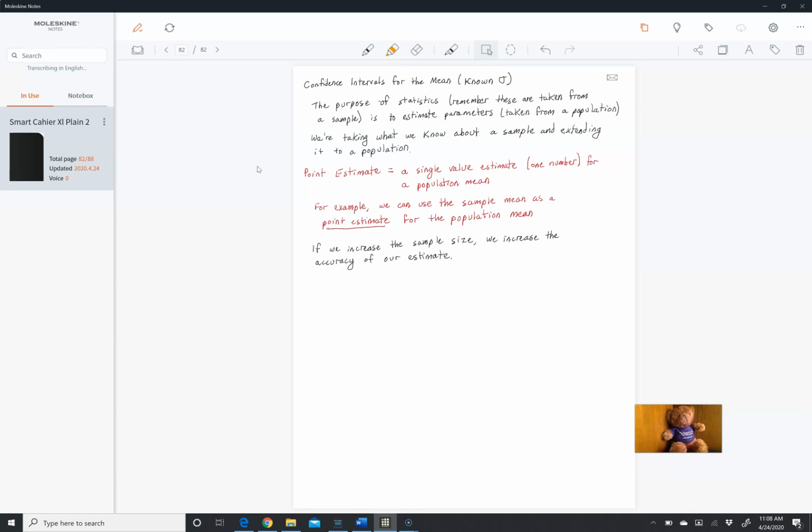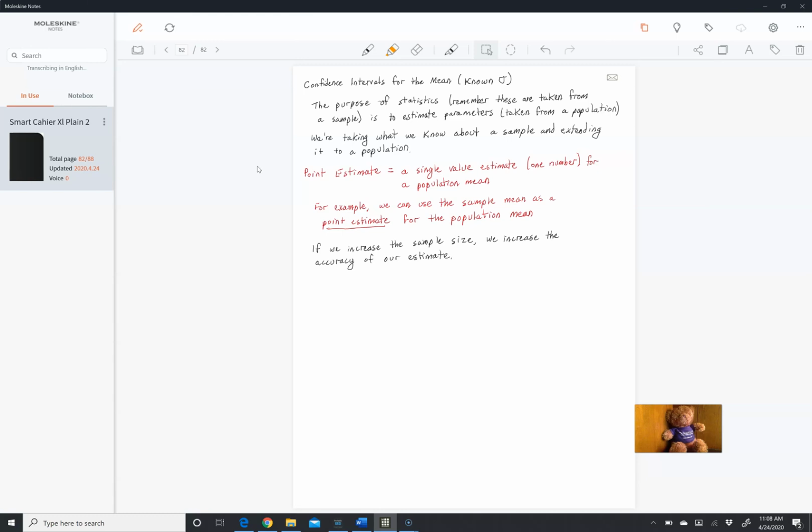So let's just take a simple example, okay? If we take the average number of hours that 40 people taking Math 150 study for the class, our mean would be a point estimate for the average number of hours that every student studies for Math 150.